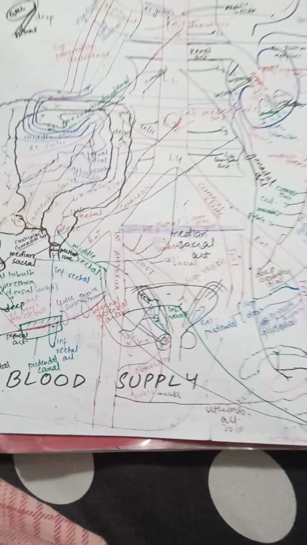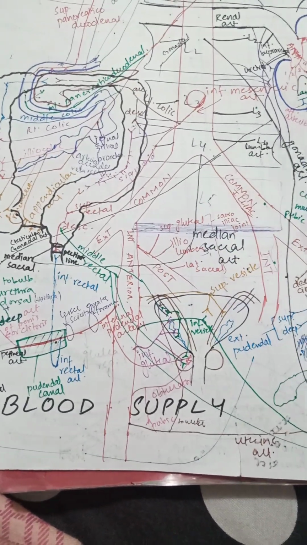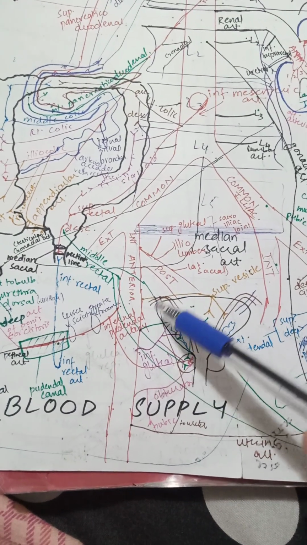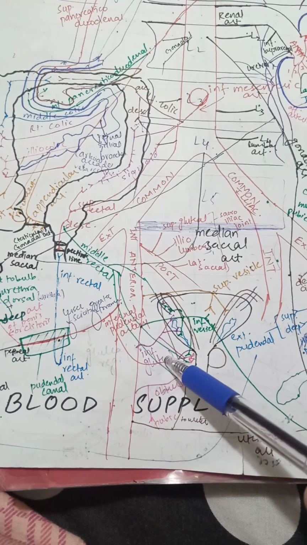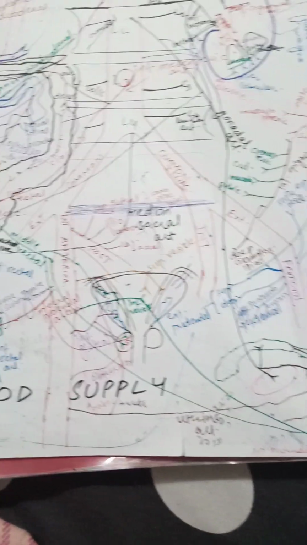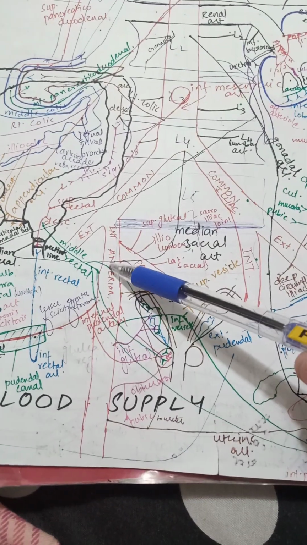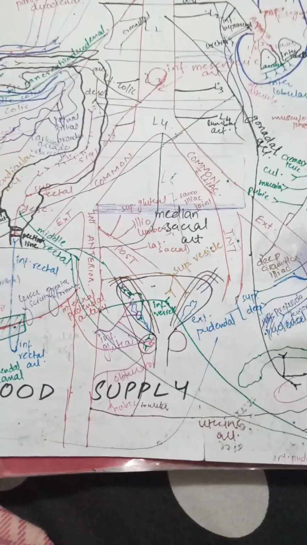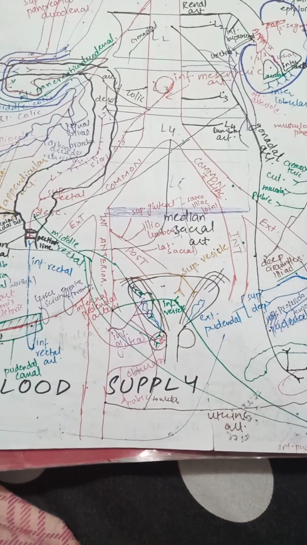So we came to know that the anterior branch of the internal iliac artery has the following branches: superior vesical, inferior gluteal, obturator, and inferior vesical, which forms the vaginal artery in females, and a middle rectal artery, and an additional artery in females, that is the uterine artery. Now it was all about the internal iliac.